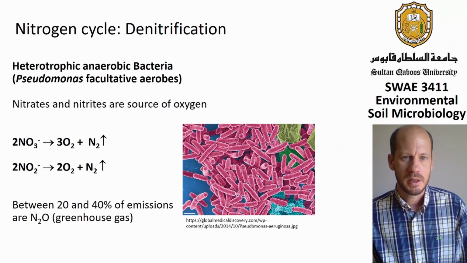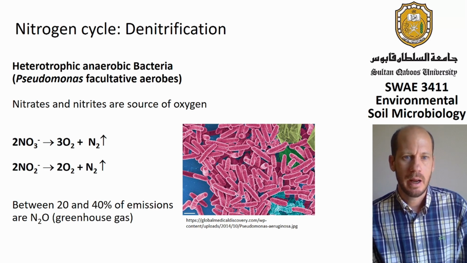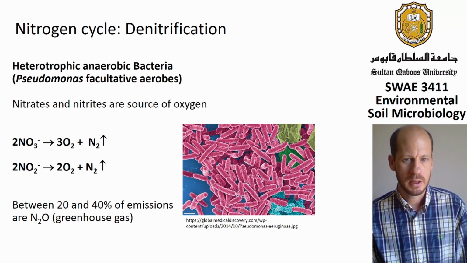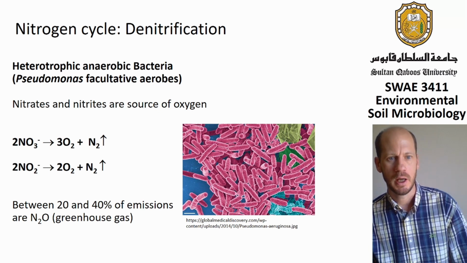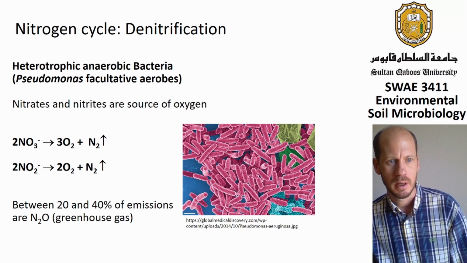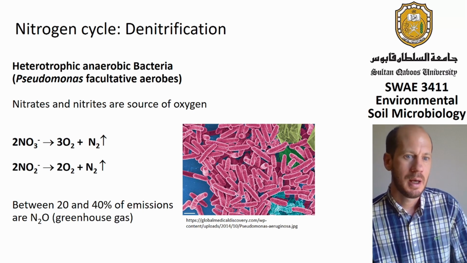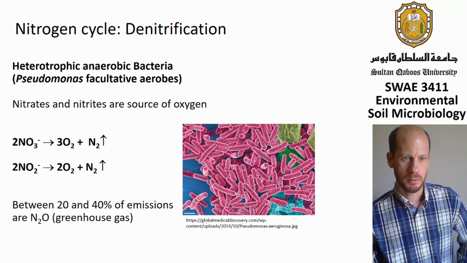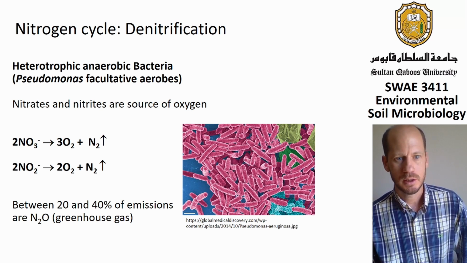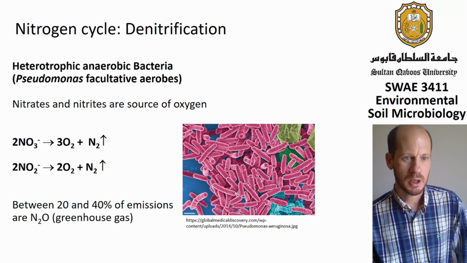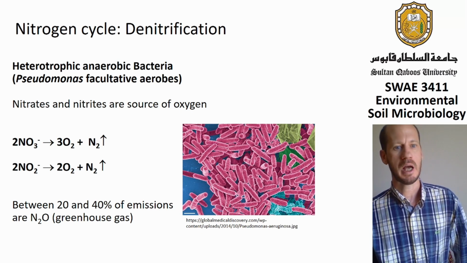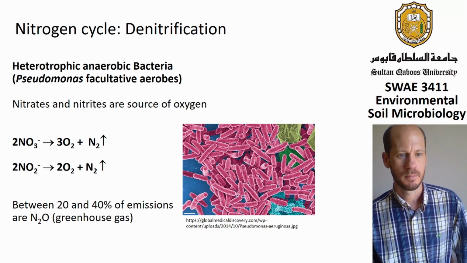Now, denitrification in soil environments is an anaerobic process, and the microbes are not using nitrogen as a source of energy as in the nitrification process. Now these microbes are using it as a source of oxygen. They need oxygen to be the final acceptor of electrons. And in anoxic conditions, they don't have oxygen, so they just use the oxygen bound to oxidized molecules like nitrates and nitrites.